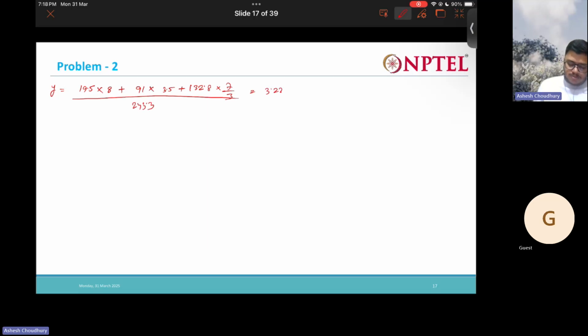Now what is this? 3.22 meters. So if this is my wall, which is 10 meters, then the resultant active thrust is acting somewhat here, at a height of y equal to 3.22 meters.